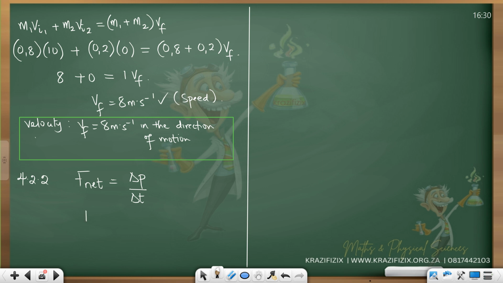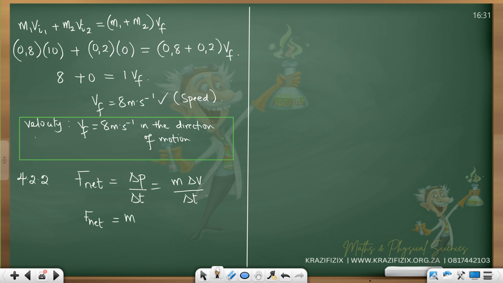Now, so this is m delta v over delta t. So we can quickly then substitute. Now, remember it's the bird, the toy, and the car, so the mass is 1. Now, what is the final velocity? Okay, hold on, before I even start substituting.